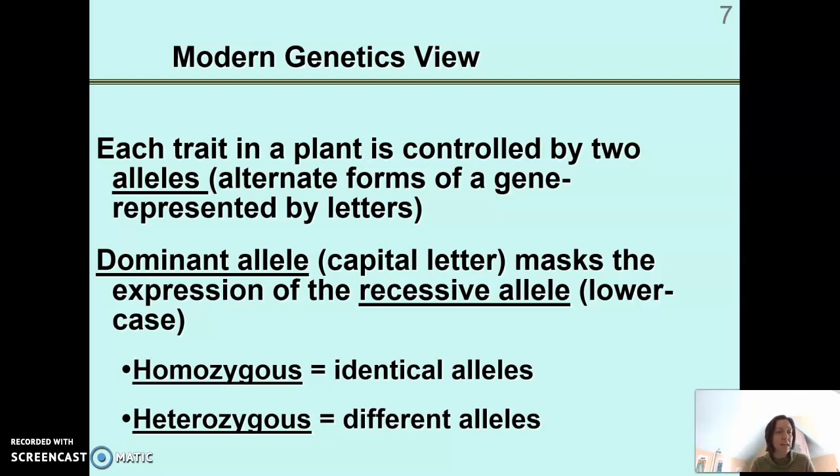We can kind of see this showing up in humans. So for example, brown eyes are more dominant than blue eyes. And it's not as straightforward as it sounds, but I'm going to generalize here. Somebody who has brown eyes can have two alleles for brown eyes, or they can have an allele for brown eyes and an allele for blue eyes, but they show up as brown eyes.